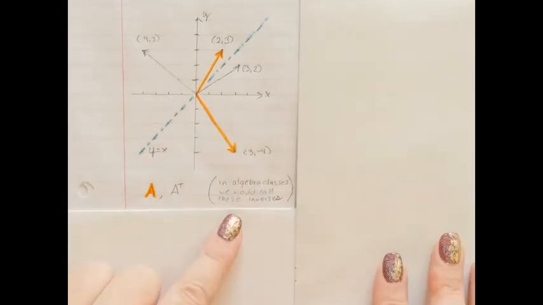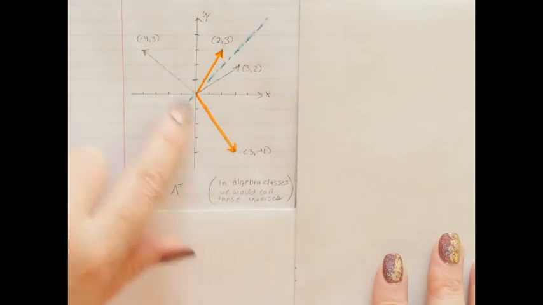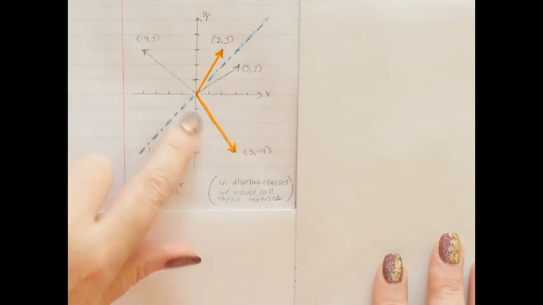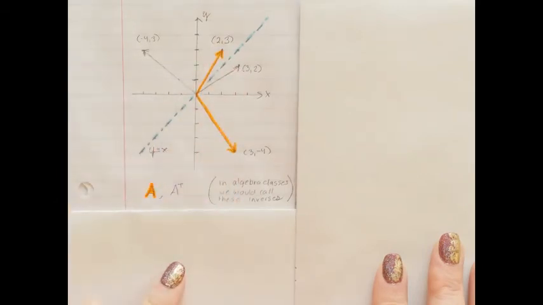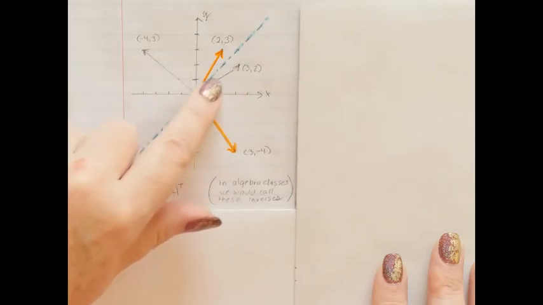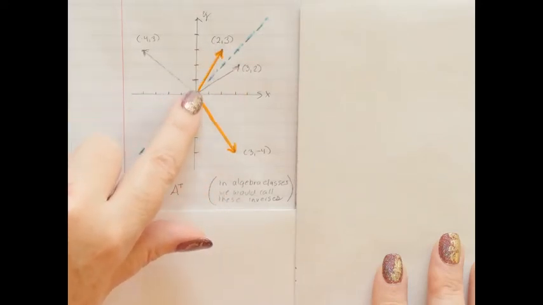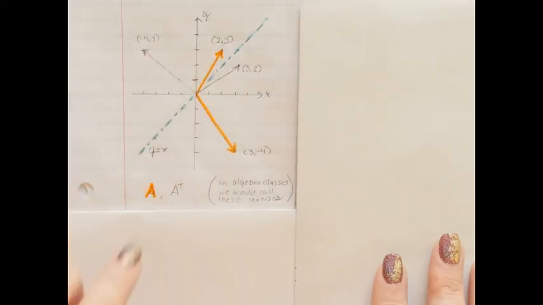In our regular algebra classes, we would call these inverses, because they are the same distance from this line, y equals x. This vector is the inverse of that vector. This vector is the inverse of that vector.